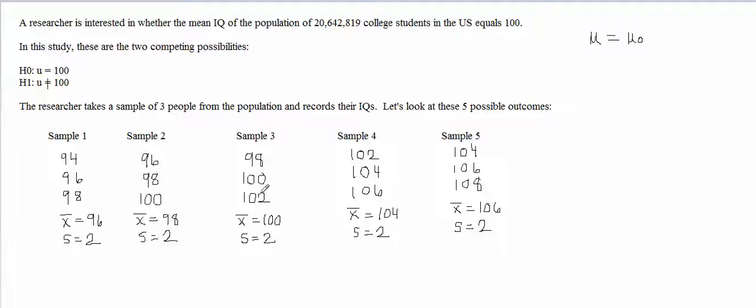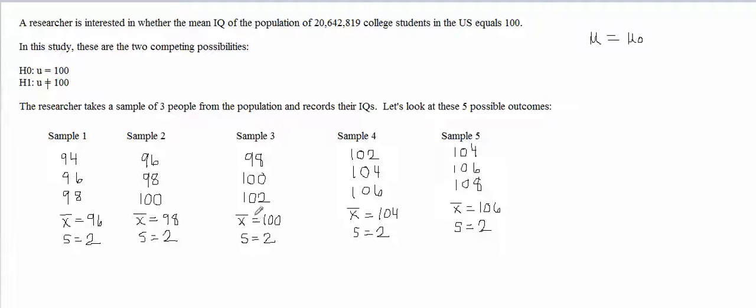So back to this point here, if your sample mean turns out to be 100, and the actual unknown population mean is actually 99, then the alternative is true because the population mean is not 100.